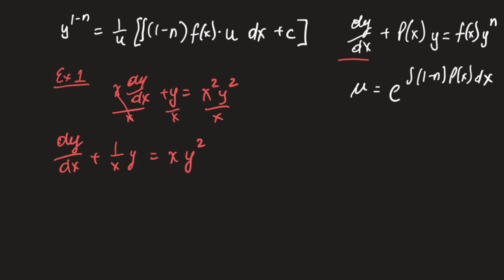Here you will notice that p of x is 1 over x, as the function that stands in front of y. f of x, in my case, is the function x. And n is the power of y, which in this case is 2. So now I can go ahead and find the integrating factor u.